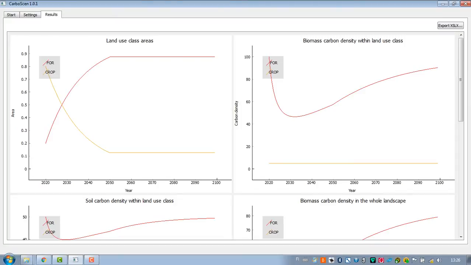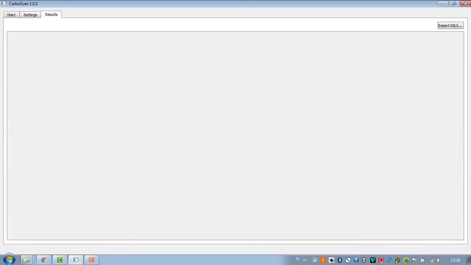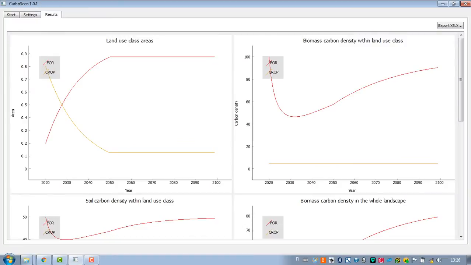All right. Do you remember what our setting for forest equilibrium carbon density was? We can go and have a look. It was 100. And something funny happens here. Can you guess what it is, or should I explain? Maybe you should explain.